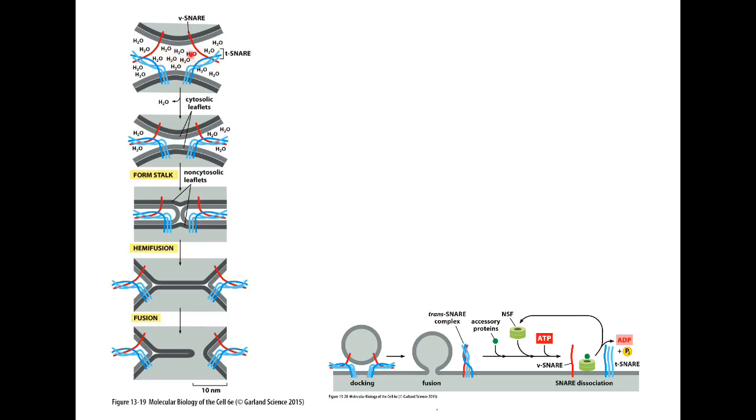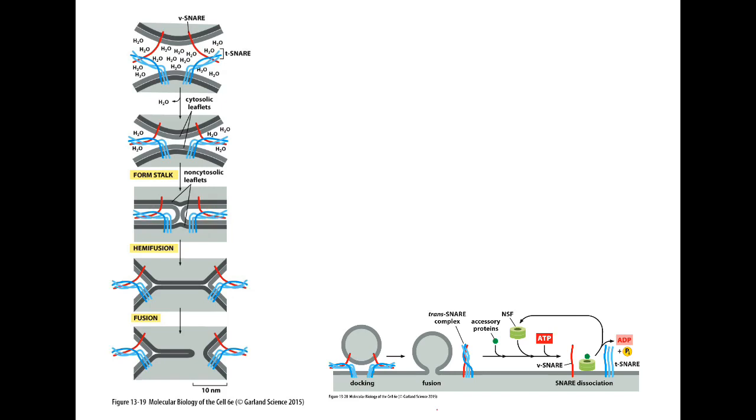I like this one because it actually indicates that water is here. It's one of the few diagrams where water is not just assumed. But here's that interaction between V and T snares, just again a generic diagram in this case, that leads to this space becoming much less as the water gets excluded, so that there's a series of intermediates in which one of the leaflets of each membrane system fuses first, and that leads to an intermediate that looks something like this.